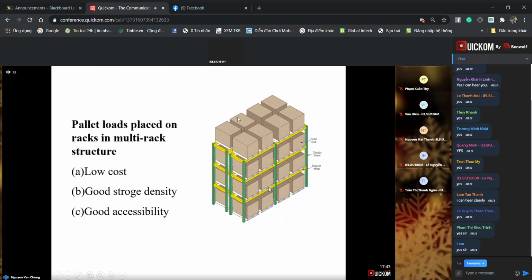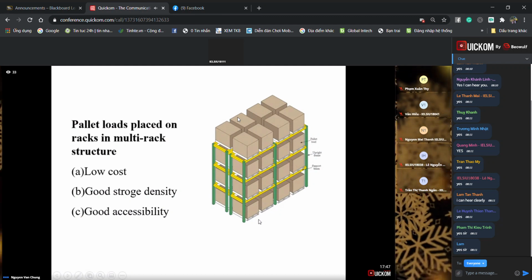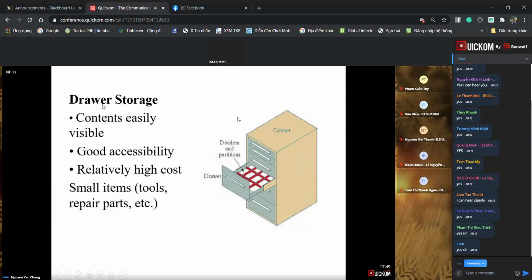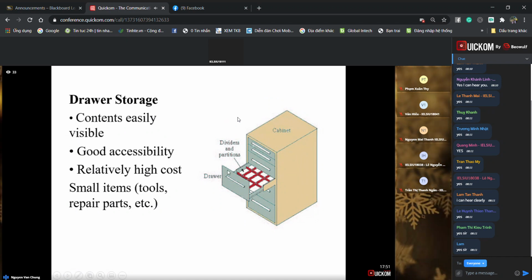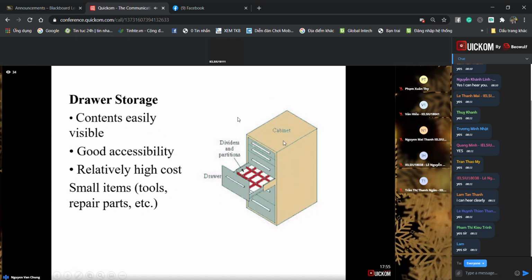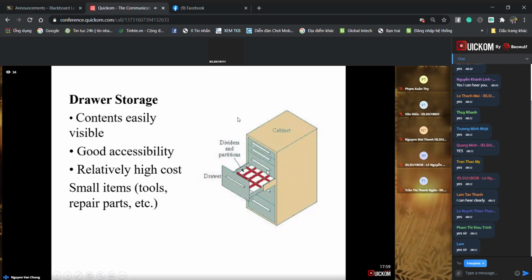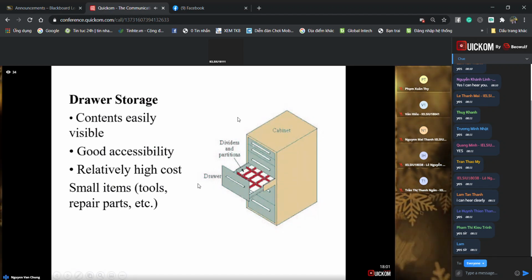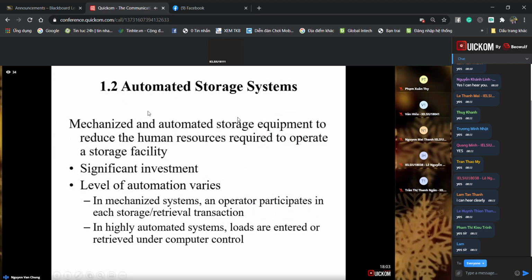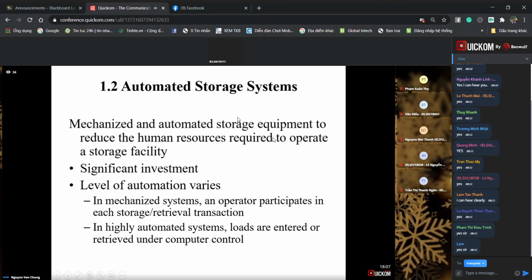You watched it already on YouTube. And the drawers are stored, so it is the same as a cabinet, and then you have the drawer. And the shortcoming is that it is not an automatic storage system.